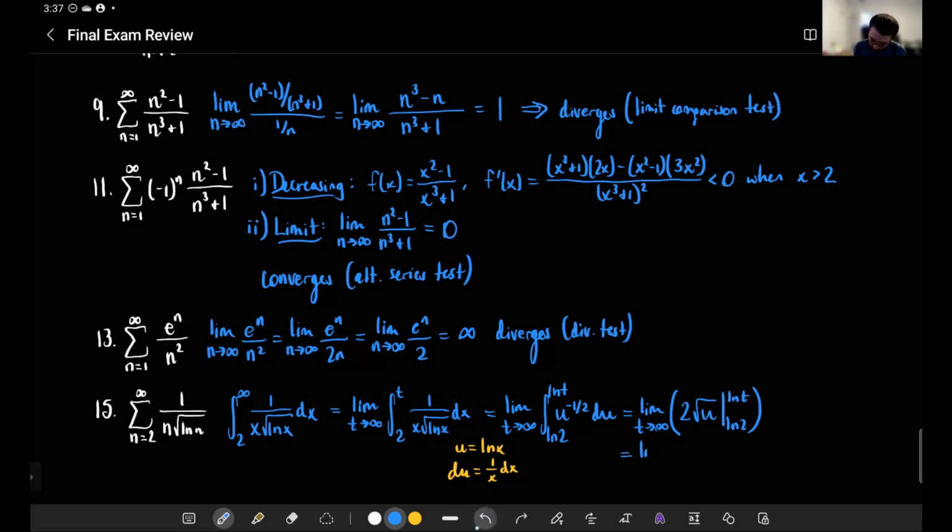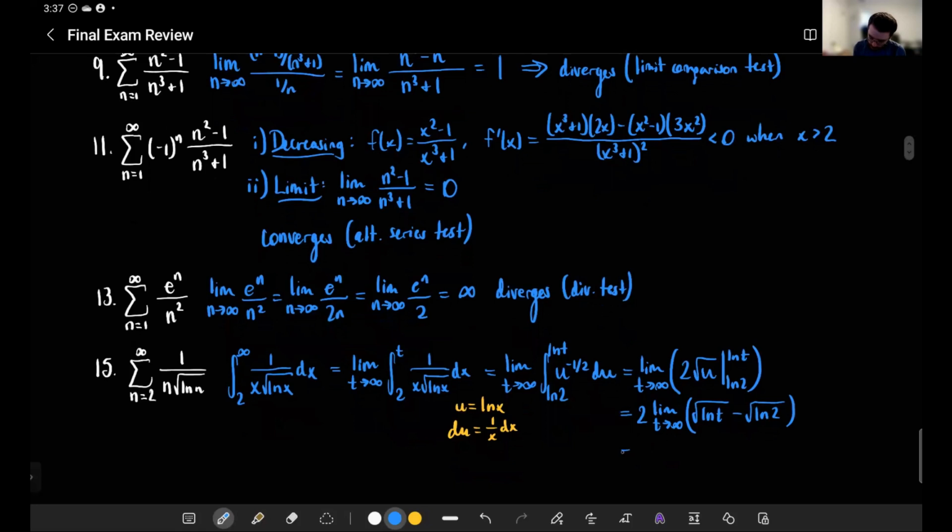I guess I could pull that 2 out just to make our lives easier. And then plugging in my bounds, I get square root of natural log of t minus square root of natural log of 2.